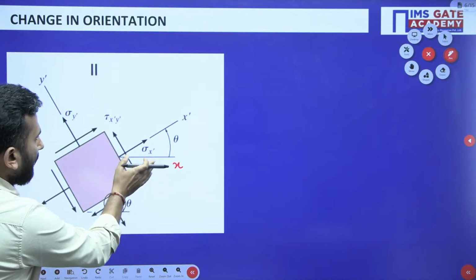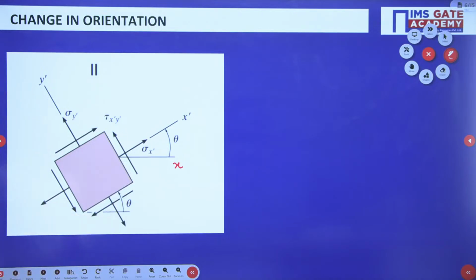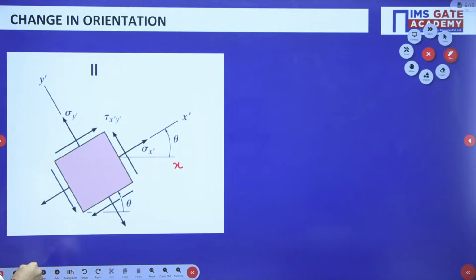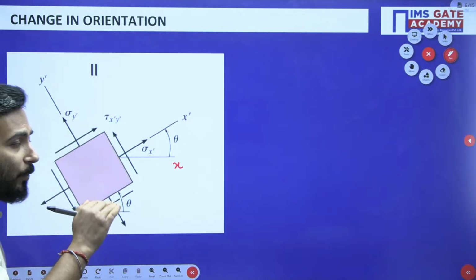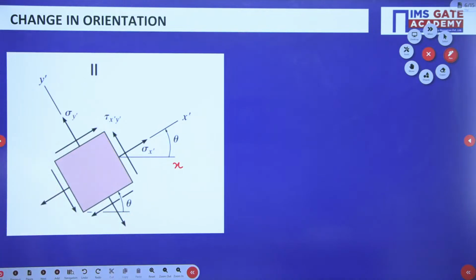From the x direction, it has been rotated by theta angle, and sigma x dash has come into the picture. So here I have to draw one section.